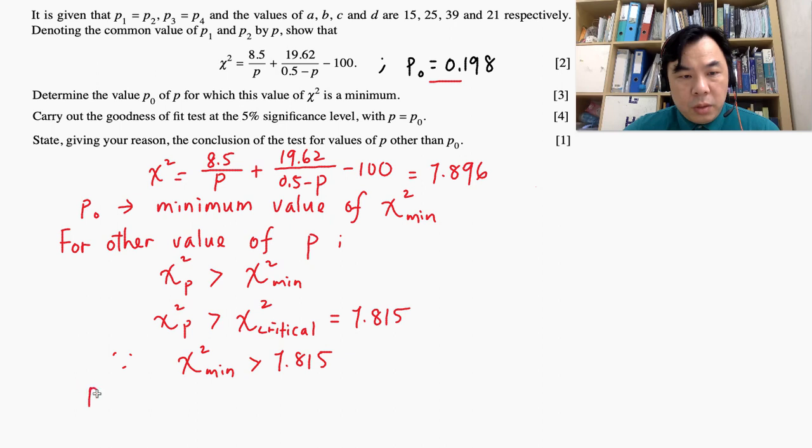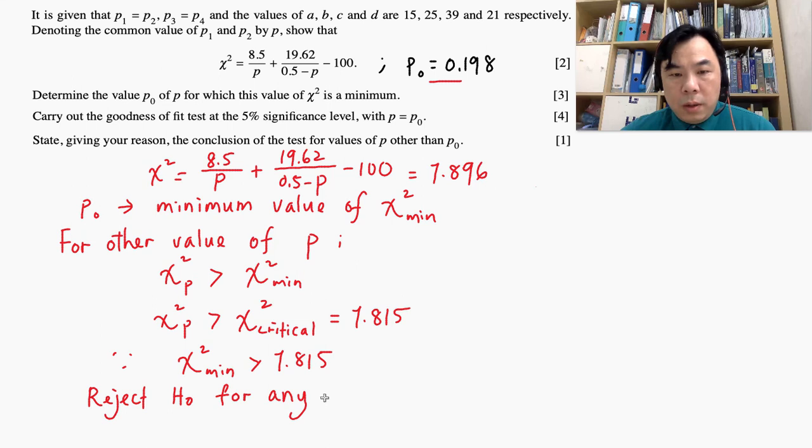Therefore, we're going to reject H naught for any value of p other than p naught.